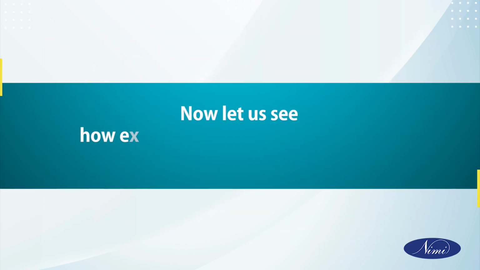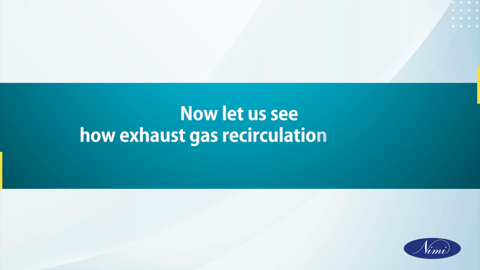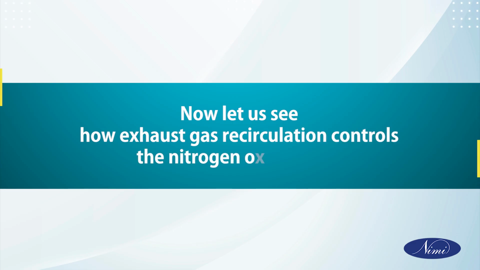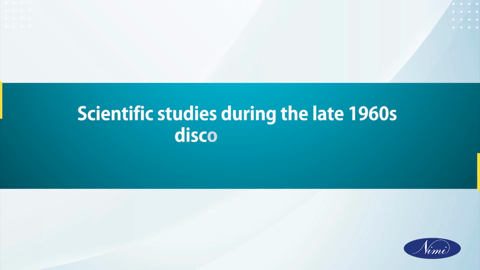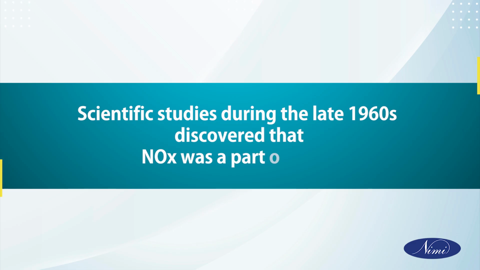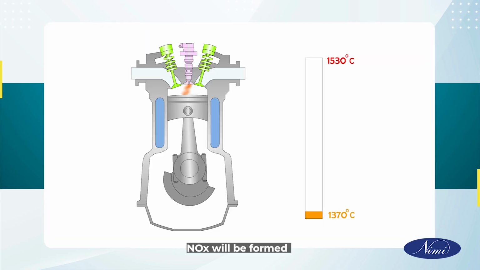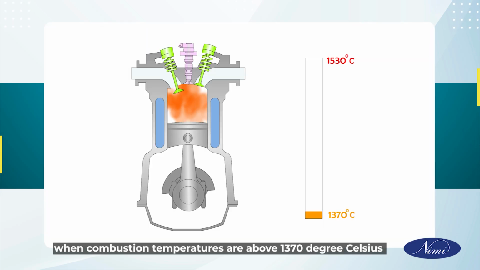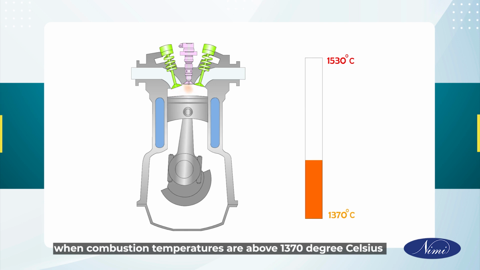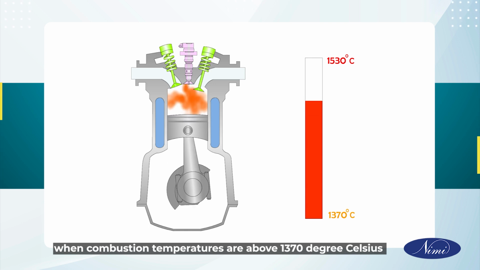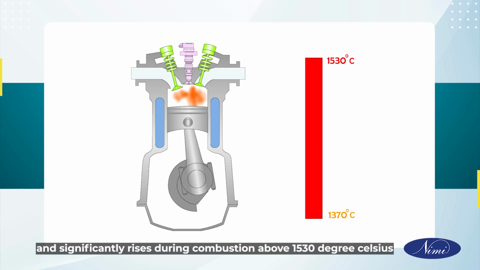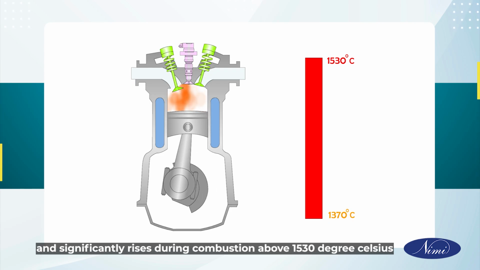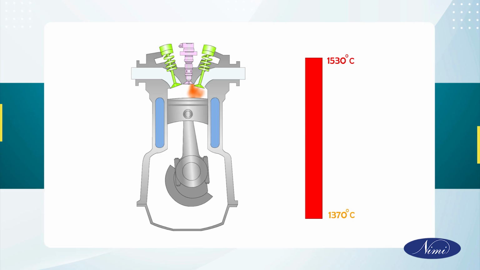Now, let us see how exhaust gas recirculation controls the nitrogen oxide, NOx. Scientific studies during the late 1960s discovered that NOx was a part of smog. NOx will be formed when combustion temperatures are above 1370 degrees Celsius and significantly rises during combustion above 1530 degrees Celsius.